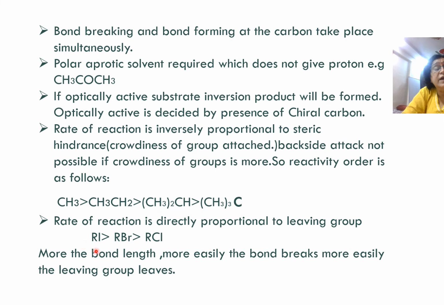So RI will have the maximum rate of reaction, then RBr, and then RCl, because RI has more bond length than RBr, then RCl. So more bond length, more easily the bond breaks, and more easily the group will leave. Clear? So basically the rate of reaction depends on what? Firstly on the steric hindrance, to which it is inversely proportional, and the rate of reaction is directly proportional to the leaving group ability.